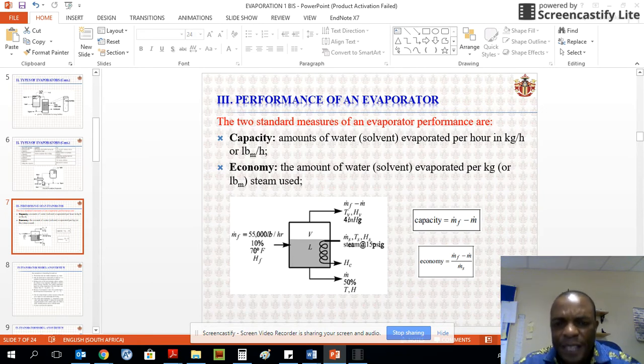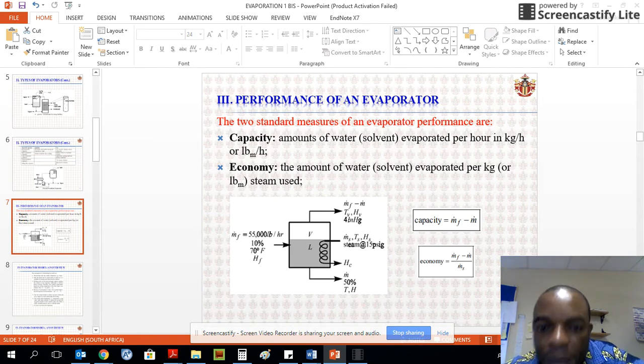Unlike in other applications, when, for example, they give you the capacity as being the output of your process, of your plant, here the focus when we define capacity is on the amount of solvent that we are evaporating. The solvent can be water, for example. The second important measure of an evaporator performance is the economy.